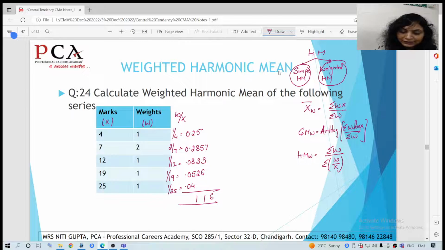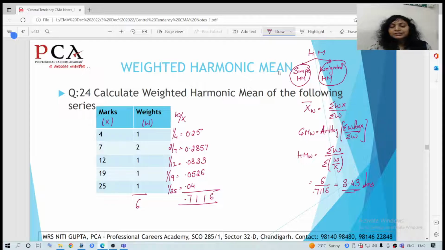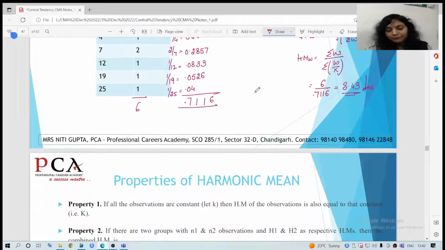So this is 0.7116. So now sum of weights is 6. So 6 divided by 0.7116, our weighted harmonic mean is 8.43. So this is weighted harmonic mean.